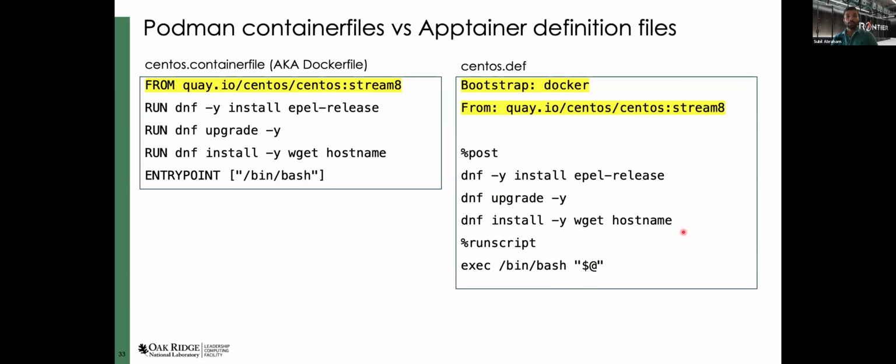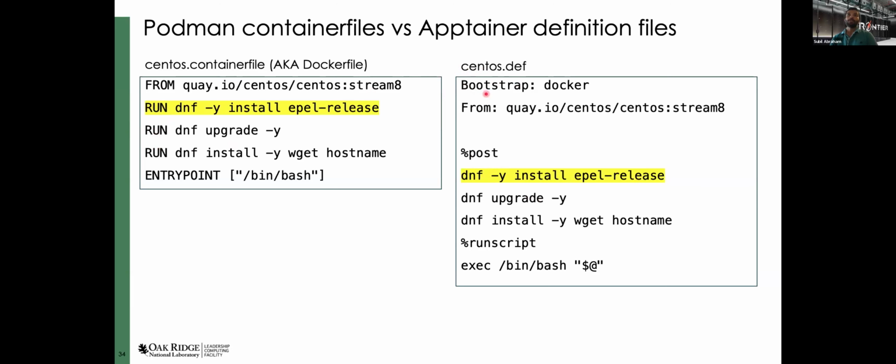So in the next few lines, on the left for the Podman container file, you see these RUN commands with the DNF install commands. And on the right, you see there is a section called %post, under which I just call the DNF command. This is what I mean when I said Podman has its own kind of language, where every one of these lines has to be prefixed by some command like FROM or RUN or ENTRYPOINT.